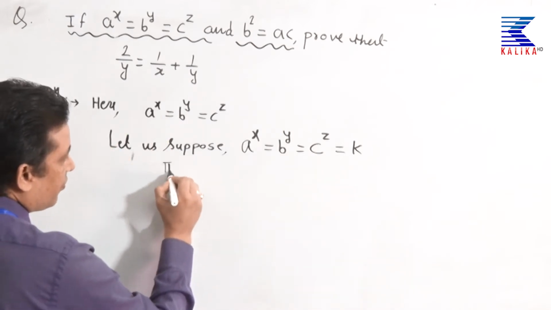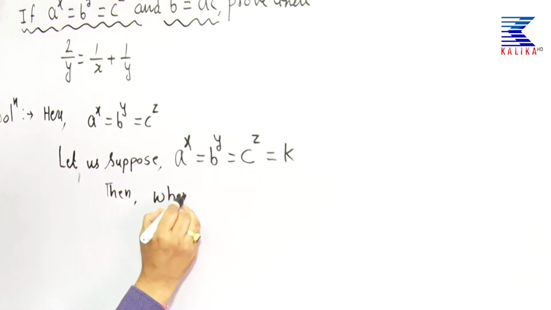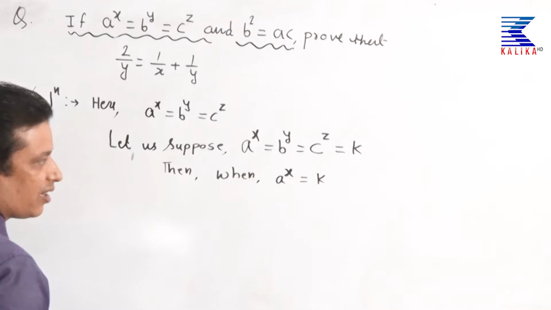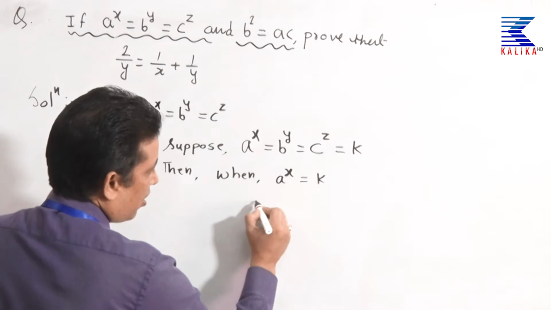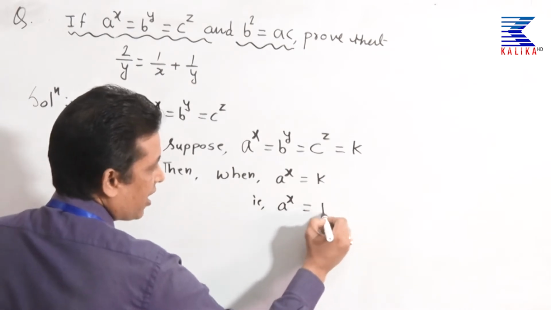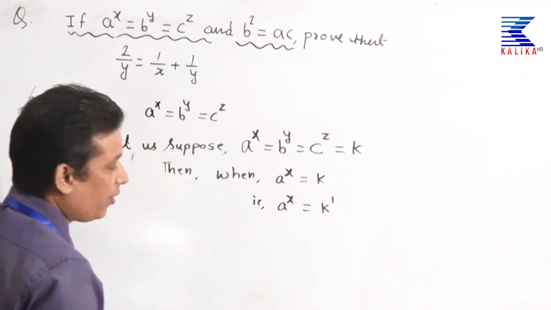Then let me take one example at first. When a to the power x is equal to k, then what happens? That is, a to the power x, can we say k to the power 1? Nothing in the power means there is power 1.